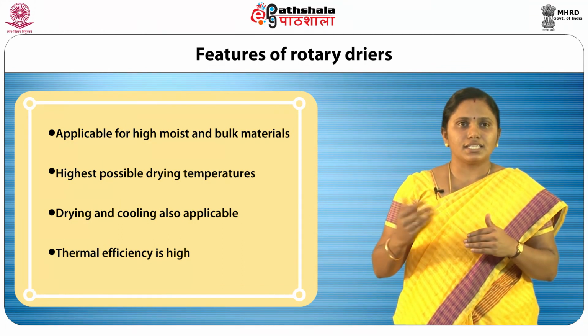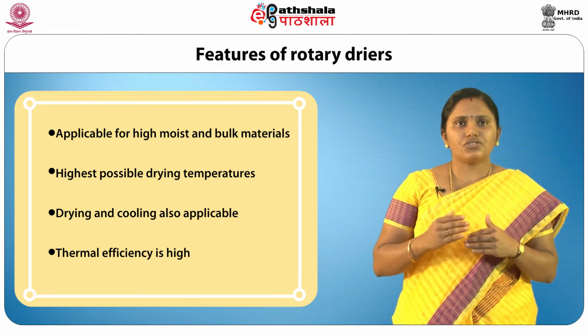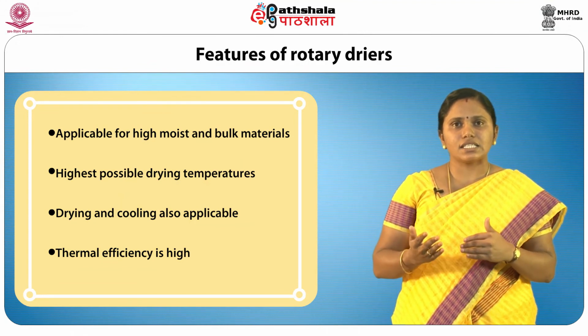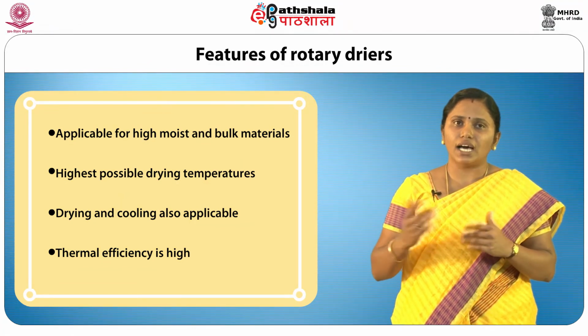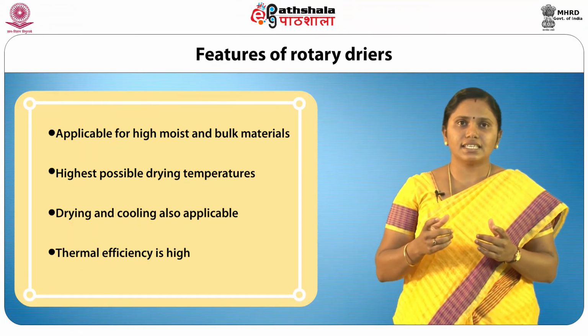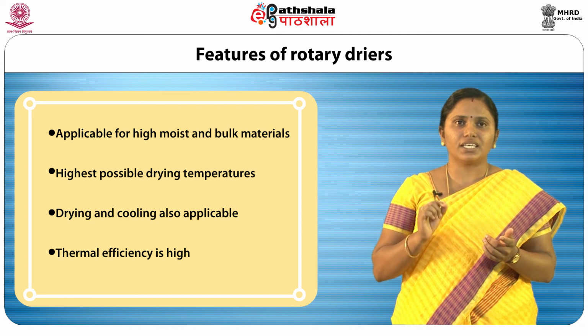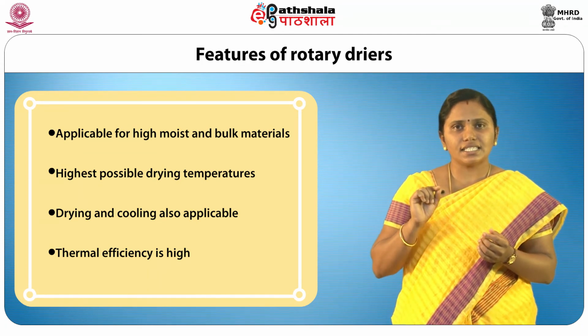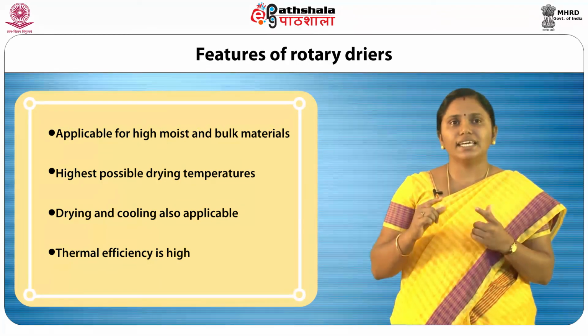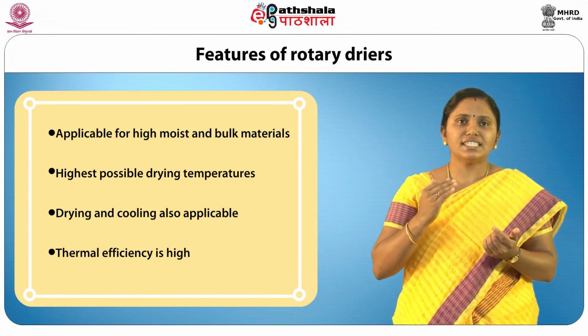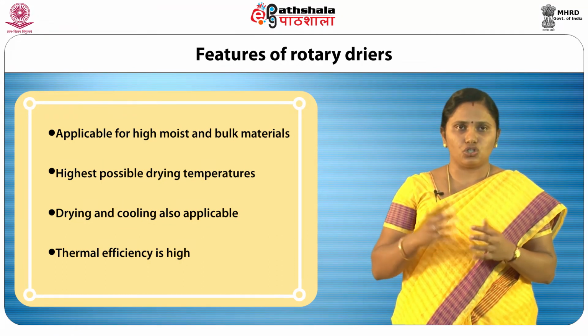Thermal efficiency is high. These dryers are not particularly successful as a drying medium for large particles such as dices, as the tumbling action tends to distort the shape of the cut and the residence time in the drum is normally insufficient to effect any significant degree of evaporation.